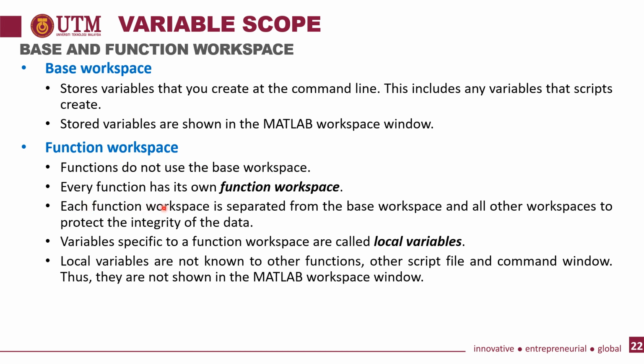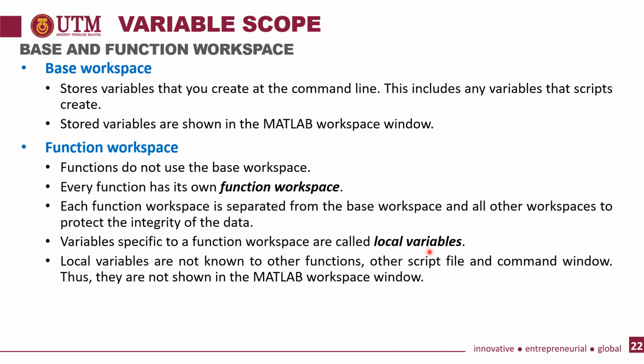Each function workspace is separated from the base workspace and all other workspaces to protect the integrity of the data inside the function. Variables specific to a function workspace are called local variables. If a variable is contained specifically inside a function, we call it a local variable.